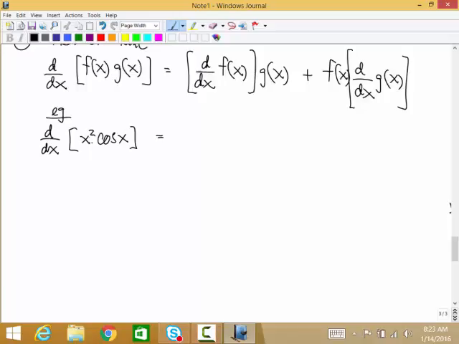So the two functions here are, you can think of this as f of x, this is g of x. So you have 2x times cosine x plus x squared times negative sine x.